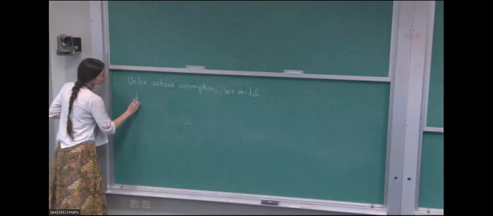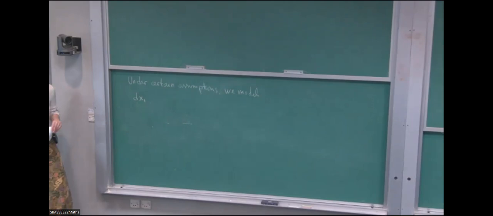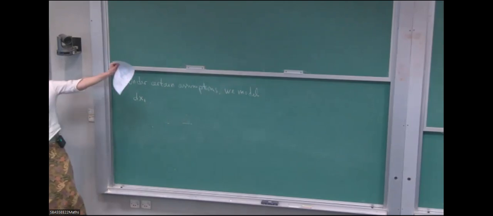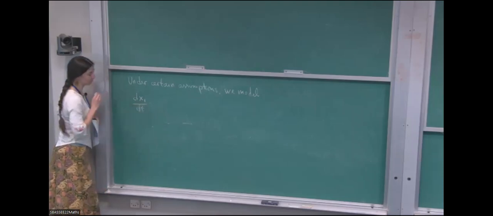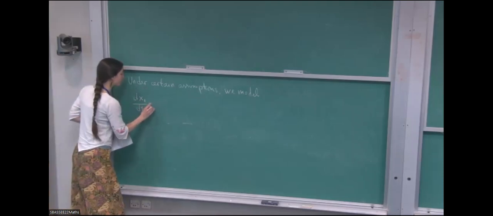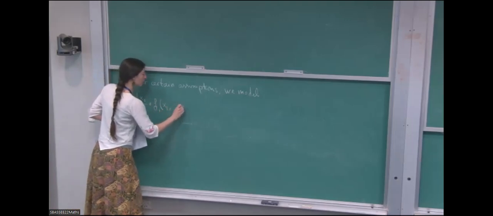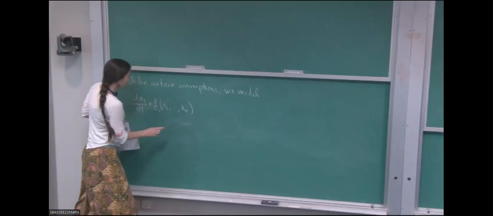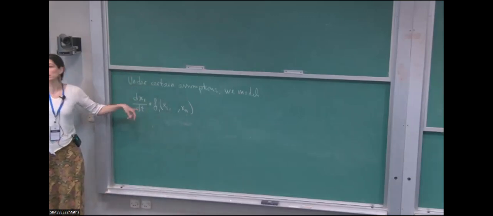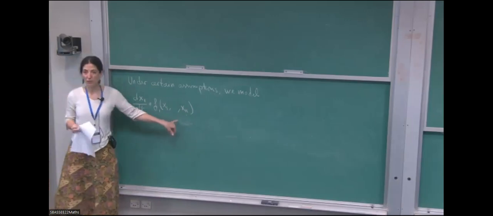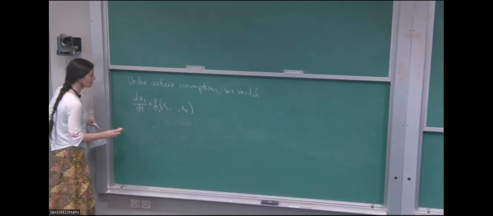So we will write x1, like small x, for the concentration of species big X1. And in time, it will evolve in a way that is determined by a function that does not depend explicitly on t. So it only depends on the concentrations of all of the species involved at that time.